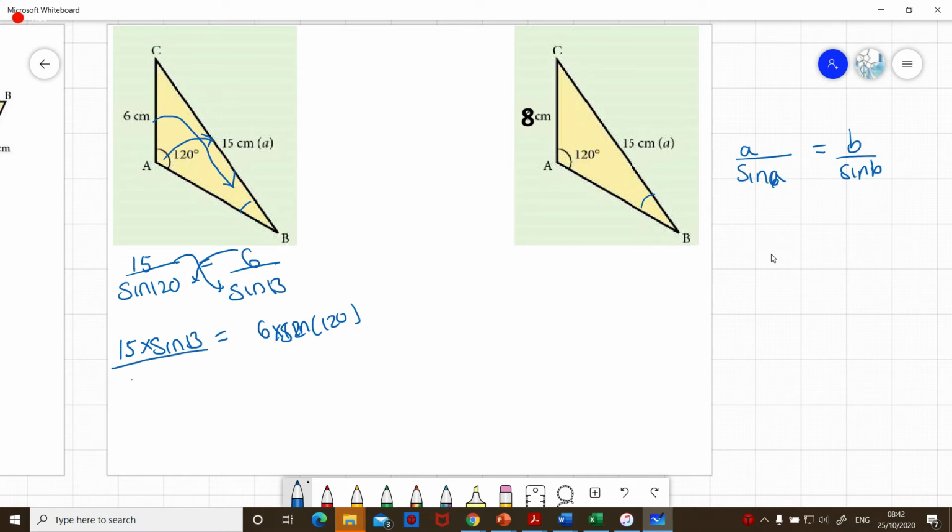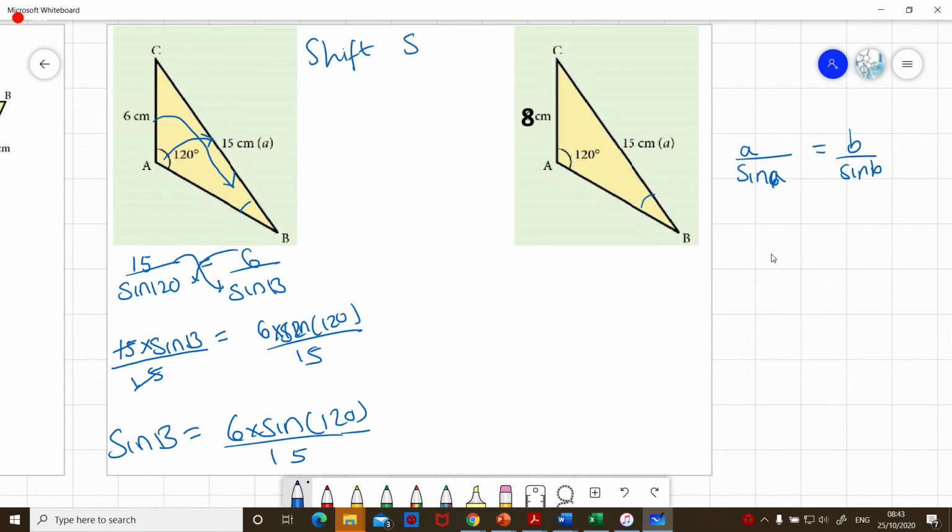We don't want to remove the sine, we want to remove the 15 because we've got the unknown. So we divide by 15 on this side, divide by 15 on this side. The 15 cancels out, so we have sine of B is equal to 6 times sine of 120 all over 15. Now this time we need to use the inverse of sine.